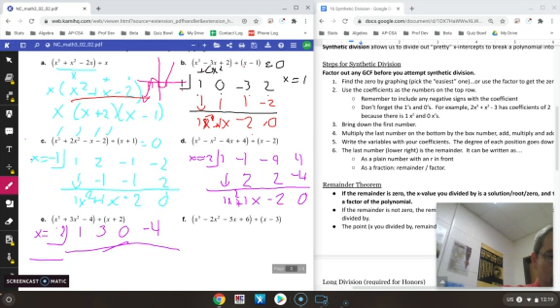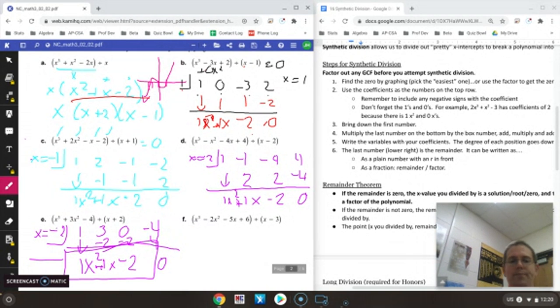In this case, I'm going to bring down my 1, and I'll have 1 times -2 is -2. Add is 1. Multiply is -2. Add is -2. Multiply times -2 is 4. Add is 0. So that's 1x squared plus 1x minus 2. Once again, you get the right idea.